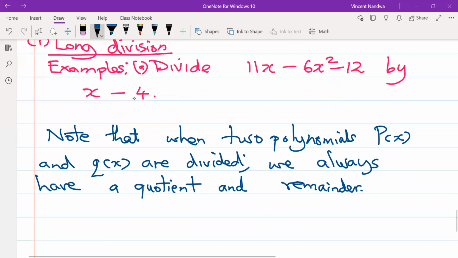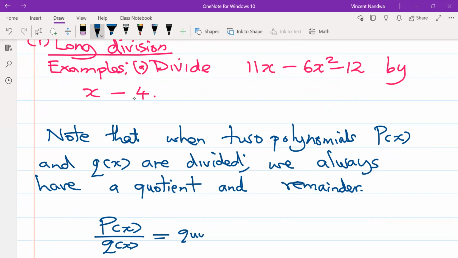So this is what I mean. If I have P of x over Q of x, I'll have quotient plus remainder divided by Q of x, the divisor.